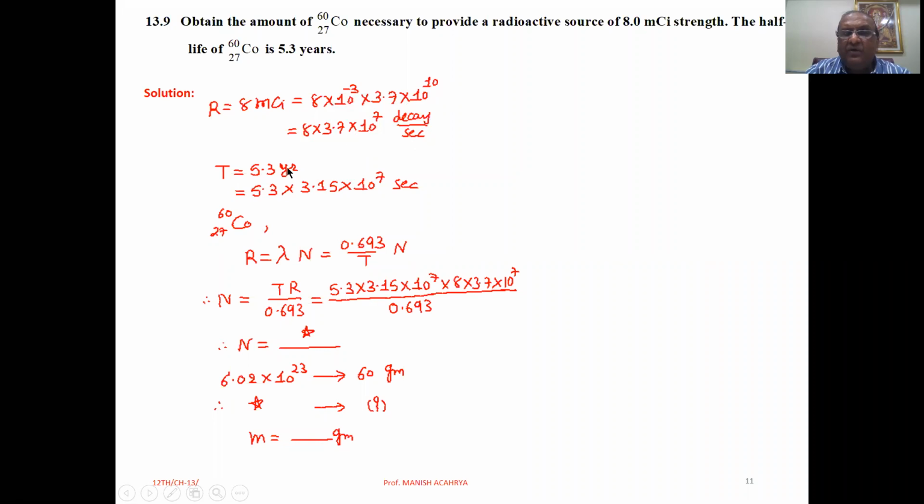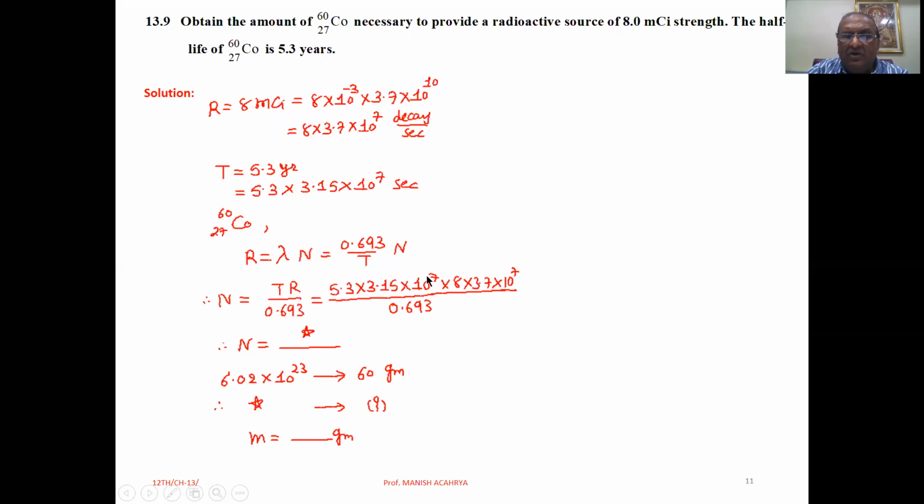Half-life, that is 5.3 years, so that is 5.3 into 3.15 into 10 raised to 7 seconds. Now we have the equation for activity, that is R equal to lambda into N. So lambda, that is 0.693 upon capital T, into N. So N, the number of undecayed nuclei, that is T into R upon 0.693.